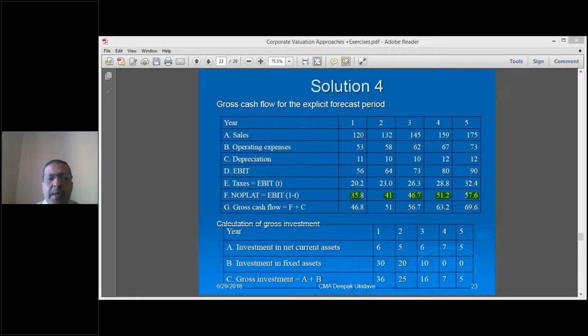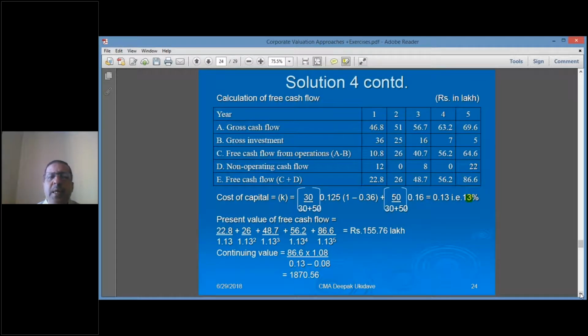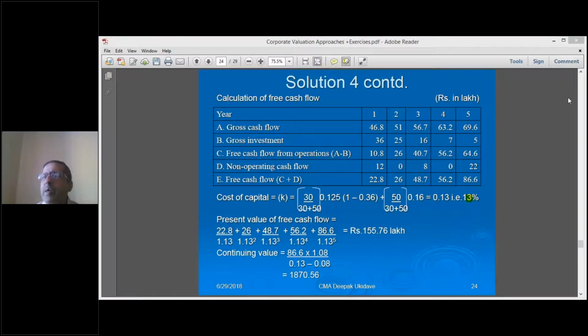So now you got gross cash flow, you got gross investment. Reduce this. Next slide. Now I am moving. Gross cash flow minus gross investment, that will give you free cash flow from operations, FCFO. Prior to this, what you got, you can always show this as CFAT, cash flow after tax.